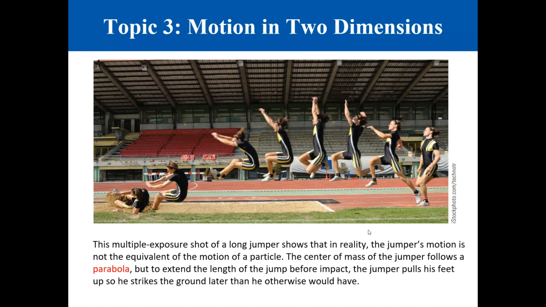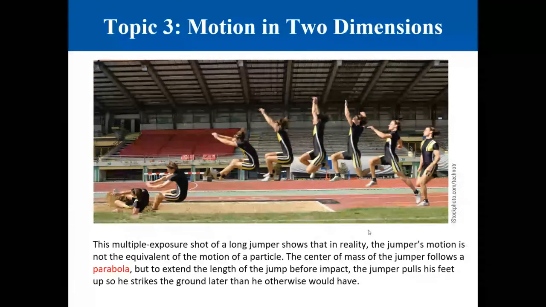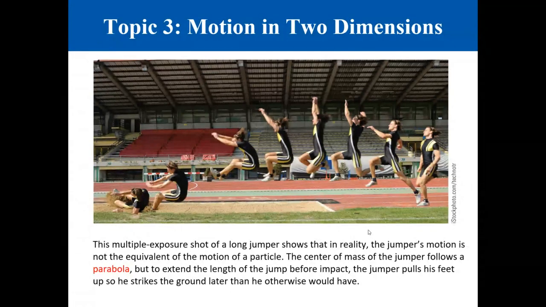In this new chapter, we continue our discussion of motion, of kinematics, but we move from one dimension into two dimensions. As you can see in this illustration, the jumpers move in two dimensions.